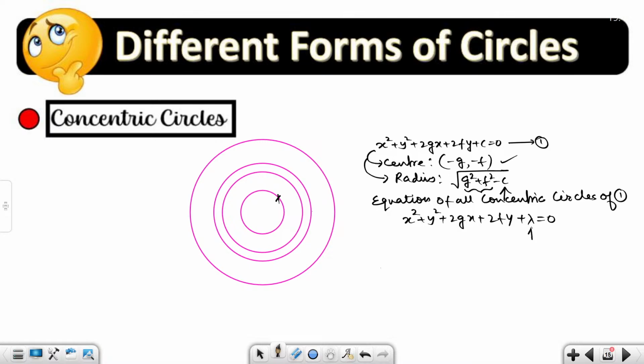For different values of lambda, it is going to represent different concentric circles. Why am I telling you concentric? Because their center is not getting changed. That is why it is concentric. Only the radius will differ. Is it clear to all? So now we know how to find the equation of a concentric circle of a given circle. All we do is write the same equation, only we change the constant of the given equation. That's it.